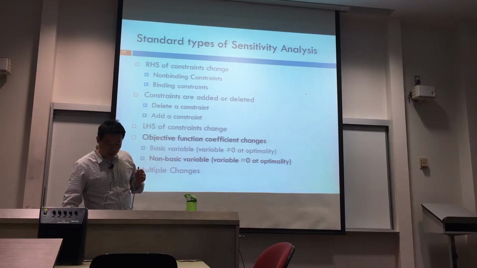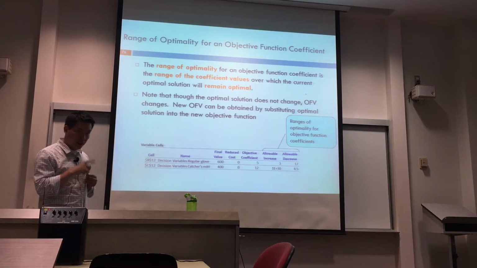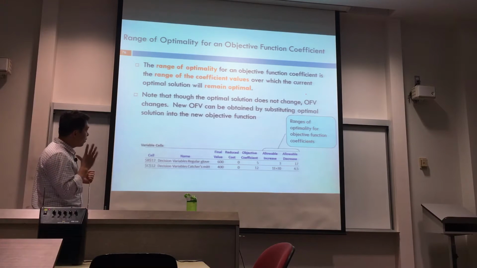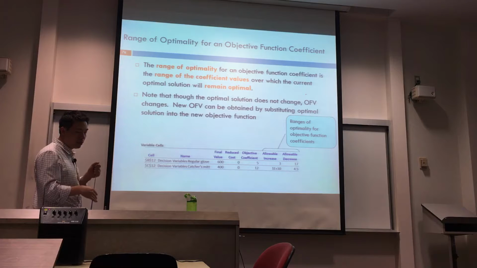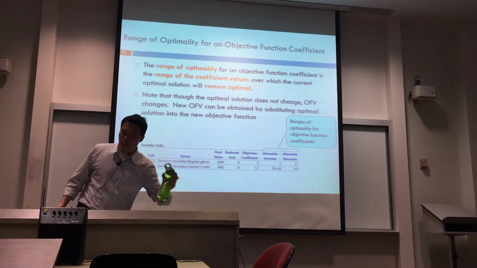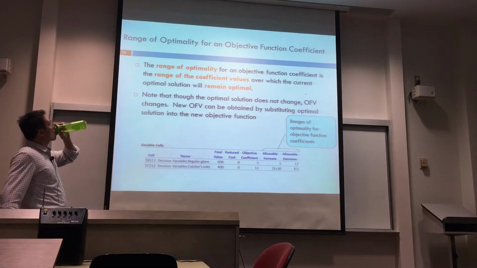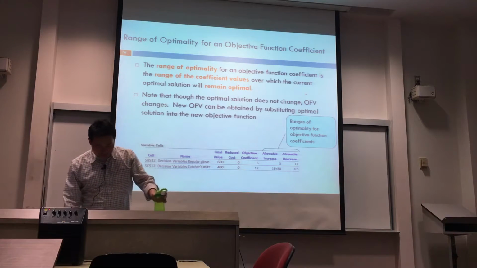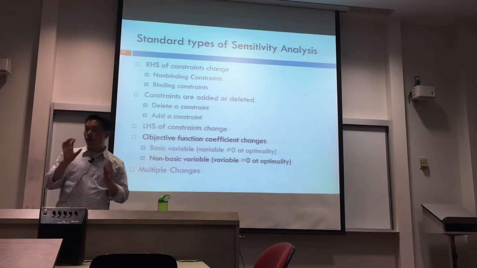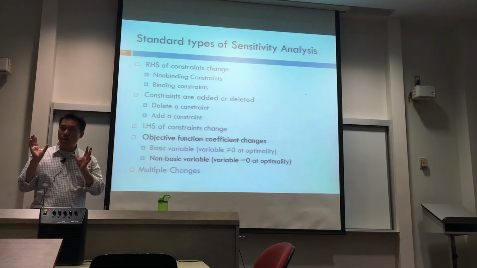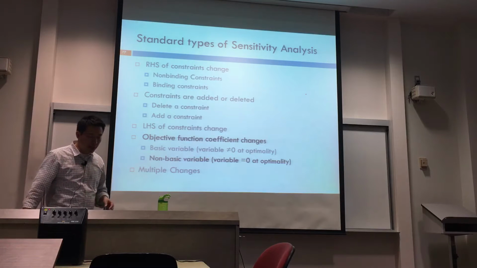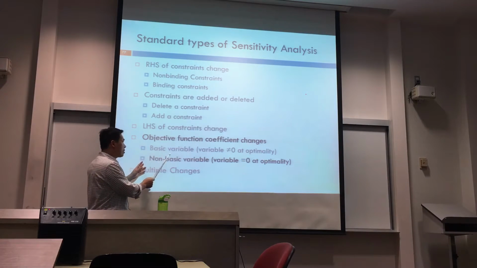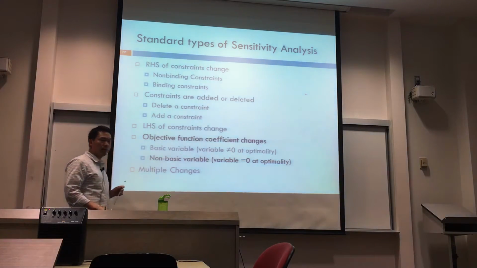Okay, but there is a trick. When we talk about the range of optimality, we are talking about the decision variables, right? The coefficients of the decision variables. But there are two types of variables. If we talk about sensitivity analysis, some variables are basic, some variables are not basic.